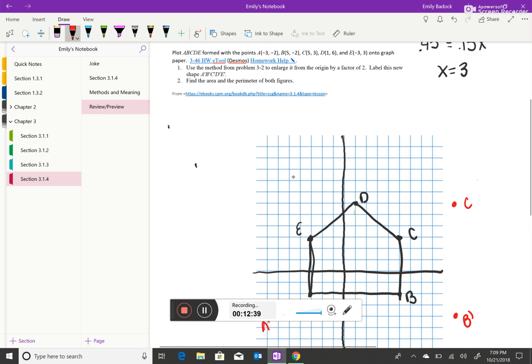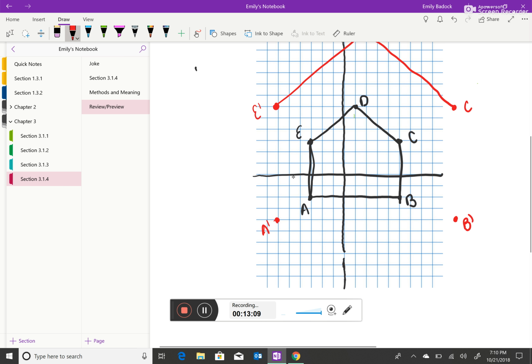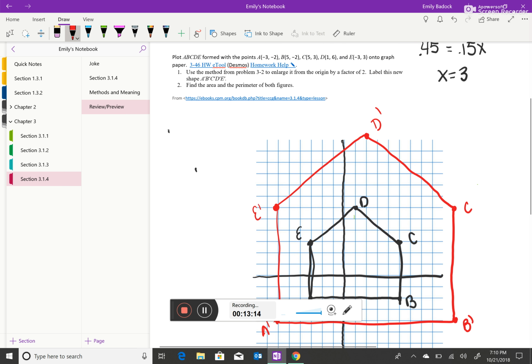D is going to be 2, 12. And then E is going to be -6, 6. So there's our new house figure.